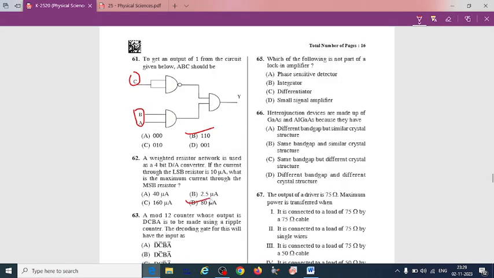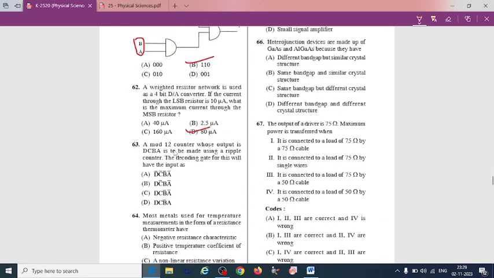So option D. A mod 12 counter whose output is DCBA is to be made using a triple counter. The decoding gate for this will have the input as.